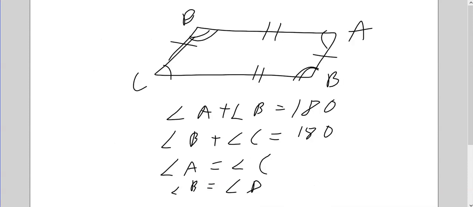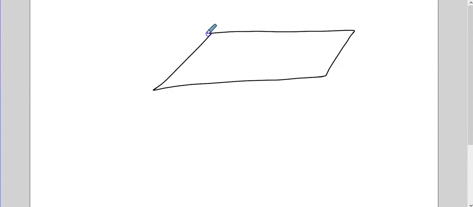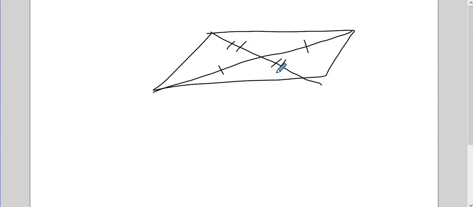Next part about parallelograms is the diagonals bisect each other. That's horribly drawn. But basically that means this is equal to that. This is equal to that. Okay?